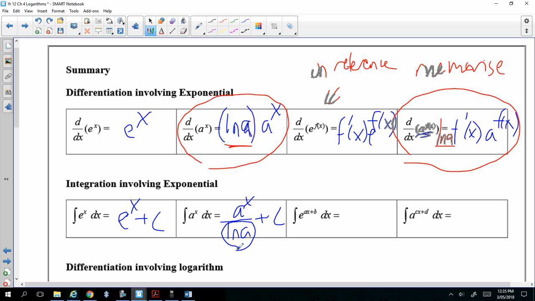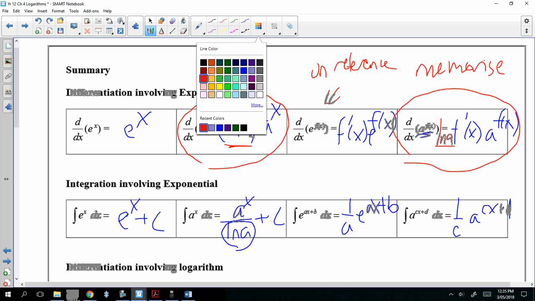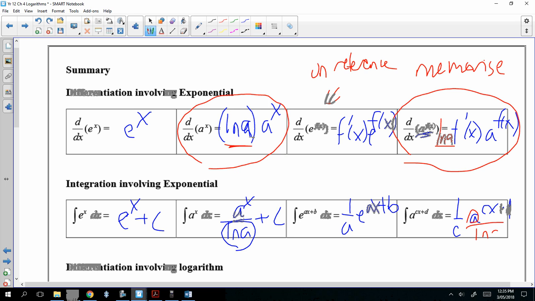And if I integrate that, you still get 1 over c a to the power cx plus d. But because it's a, you have to add an extra ln a at the bottom, just like we did here. Okay? Same rule, except we have an extra ln a. So when you differentiate, you times. When you integrate, you divide. Okay?